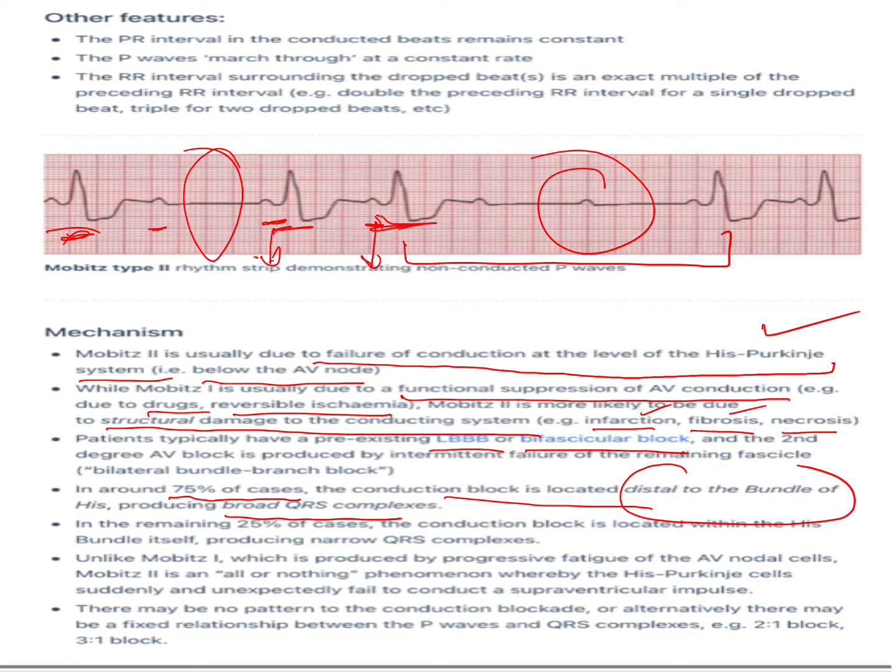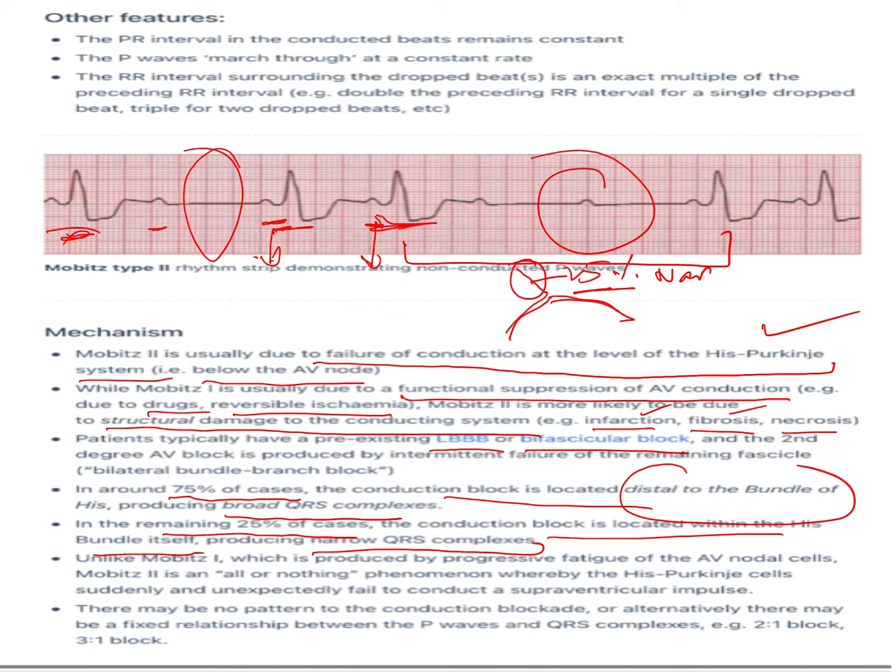So in more than 75% of cases, the patient has a conduction defect distal to the bundle of His and they have broad QRS complex. And in the remaining 25% of cases, the conduction block is located within the His bundle itself, producing the narrow QRS complex. If this is the His bundle and these are the right bundle branch and left bundle branch, 25% of cases are due to the conduction defect in the His bundle and they produce narrow complexes.